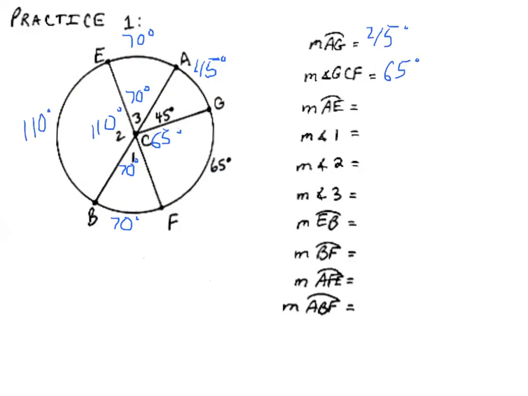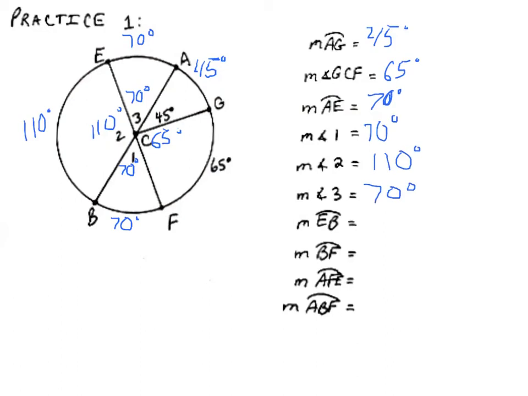Arc AE, right here, arc AE, 70 degrees. Angle 1, 70 degrees, correct? Angle 2, 110. Angle 3, 70 degrees.